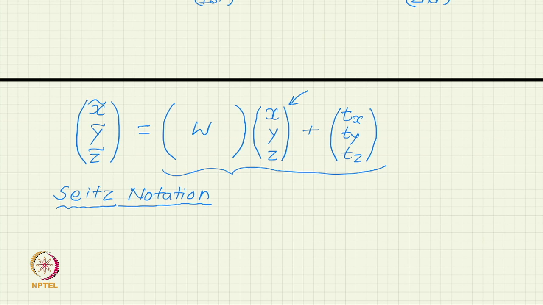So, the components of the transformation are this matrix, which is the matrix part, and this column, the translation. So, this is also sometimes known as the matrix column representation.